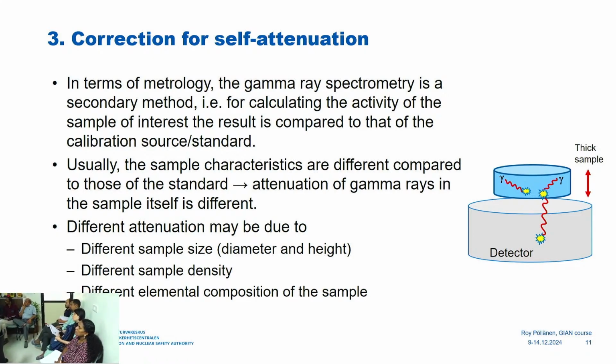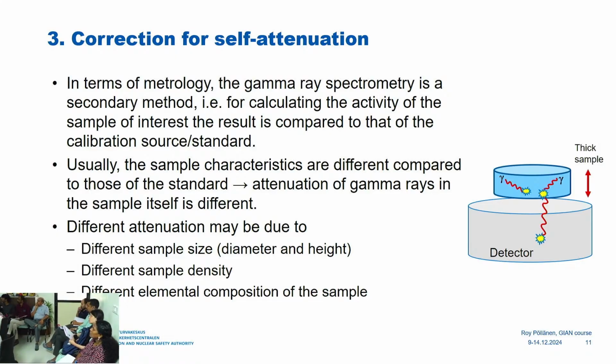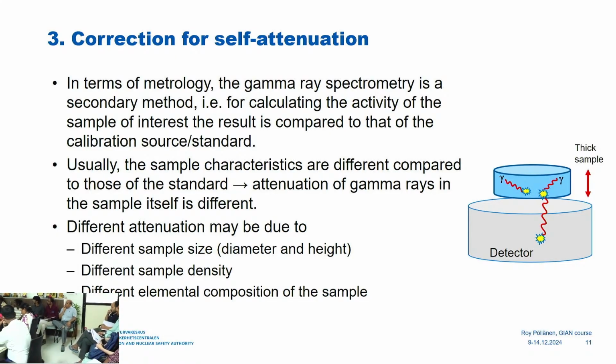It means that attenuation of gamma rays in the sample itself is different. So as you can see here, we can call gamma behavior like this self-absorption. In this case, we can call self-attenuation, which are more or less the same thing here.